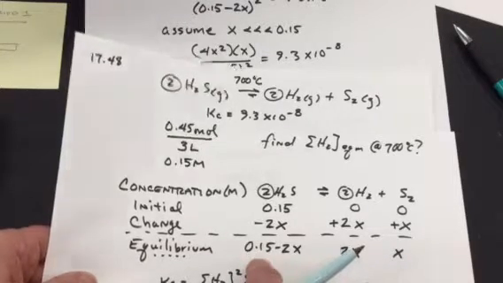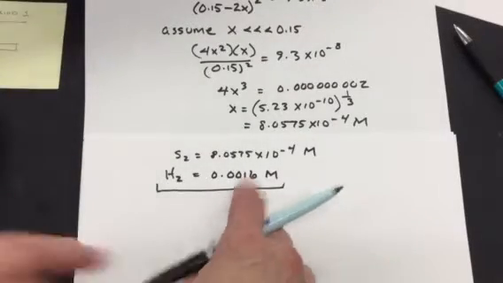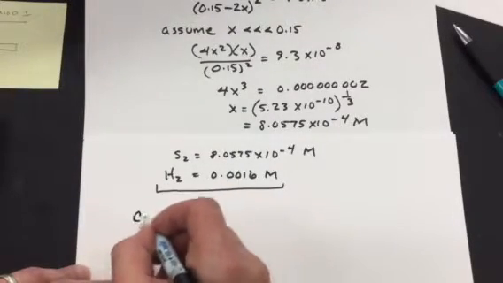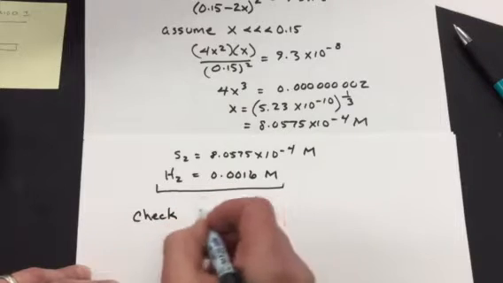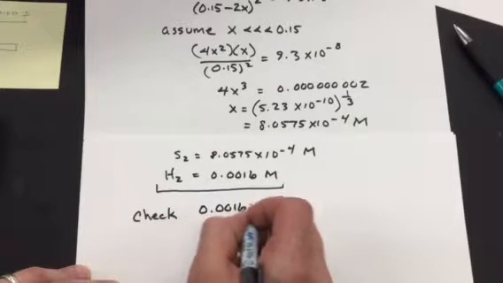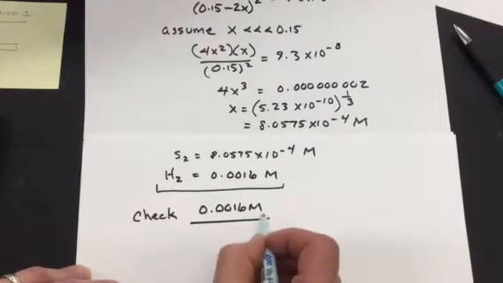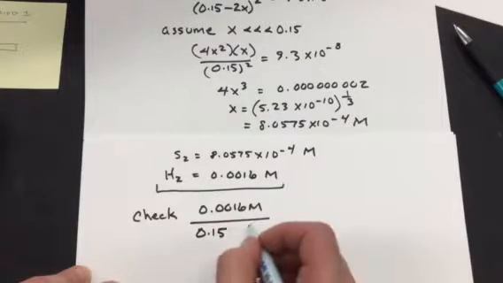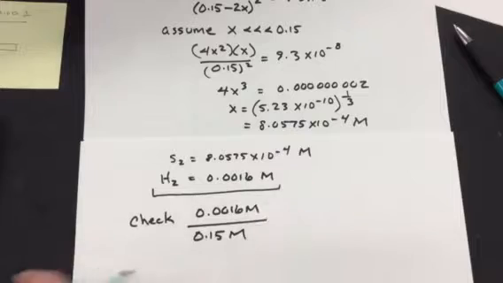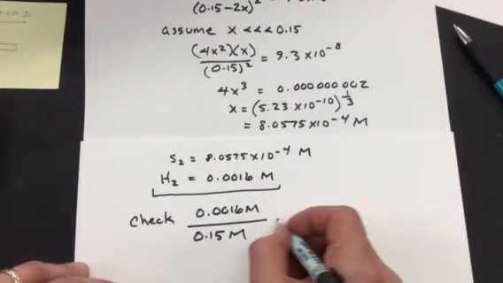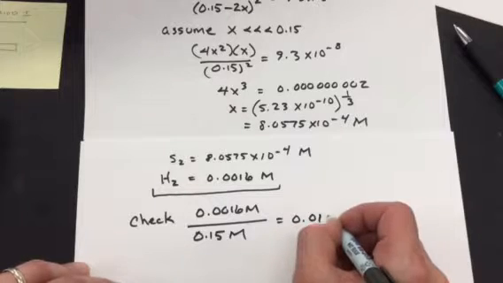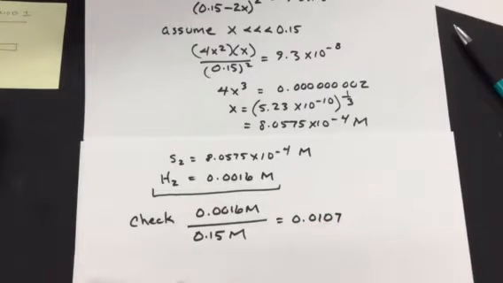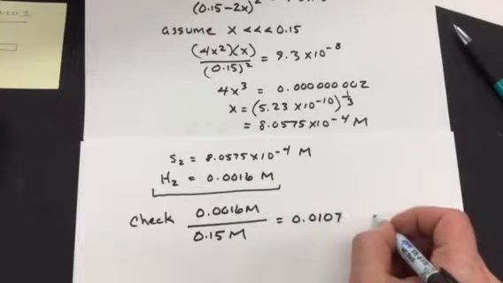The way I do that is I set this as a ratio to the HI. So here's my check. I take 0.0016 molar, and I compare that as a ratio to my starting concentration of HI, molar. I just divide them. And I get 0.0107. That would be about 1.07%.